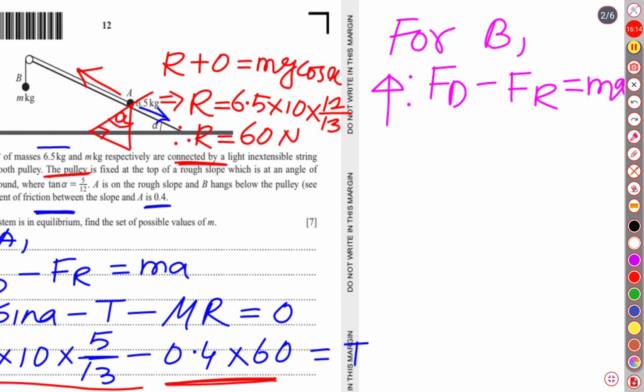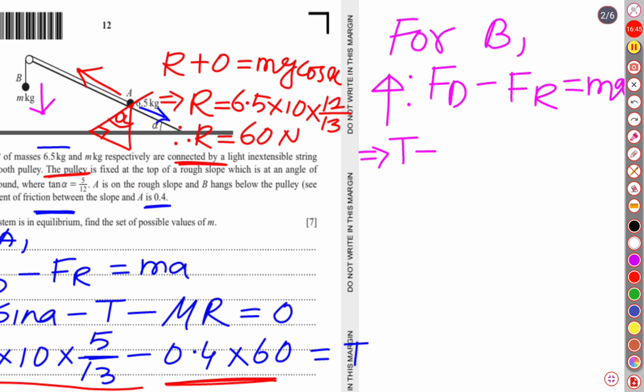So driving force is nothing but the tension trying to move it up. And the resistance to motion, look at this, the particle B is hanging, so there is no question of normal reaction or frictional force, anything else. Just weight is trying to move it downward. So weight is the negative force here, or resistance to motion.